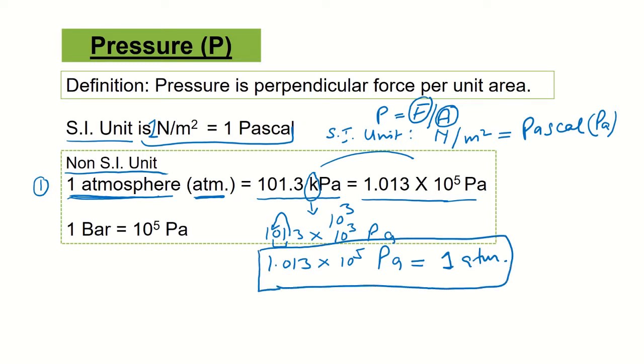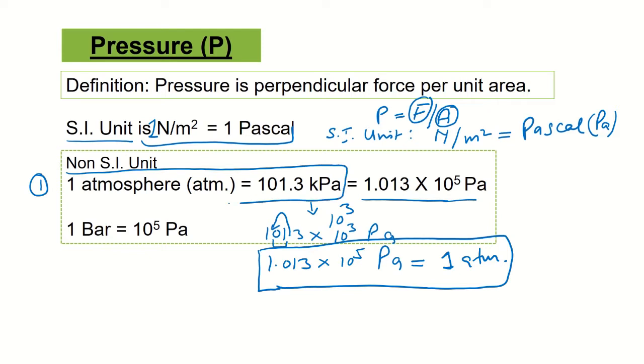You cannot use kilopascal directly. If you use this relation, you cannot use the number 101.3 directly, because it comes with kilo, so you have to change the kilo first.